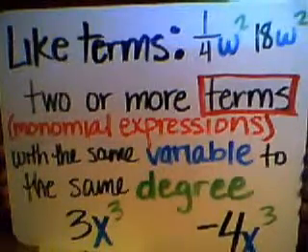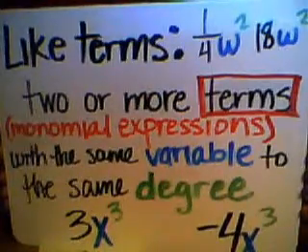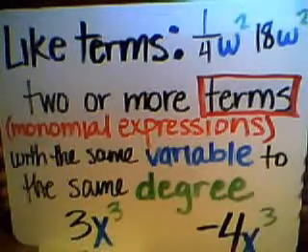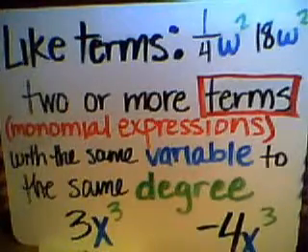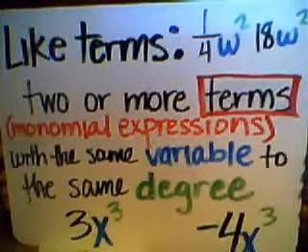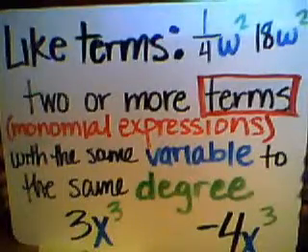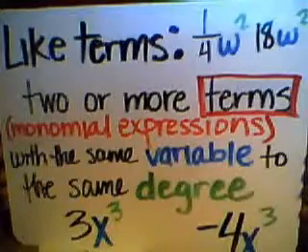So two or more terms with the same variable in blue. You see I have the variable, the W, in the top example. The W's are the same. And in the bottom example, the X's are the same. And then they must be to the same degree, basically meaning the exponent, or how many times you have that variable. So again, in the top example, our degree is 2 and it is the same in both terms.